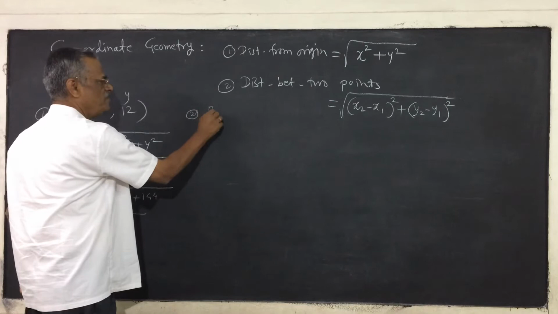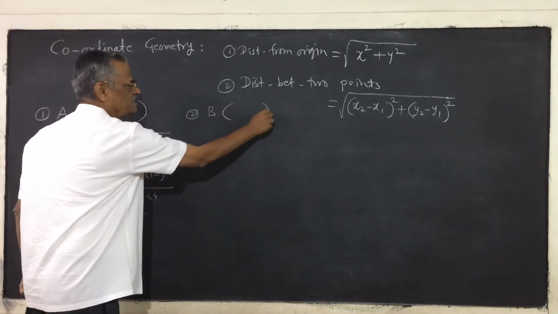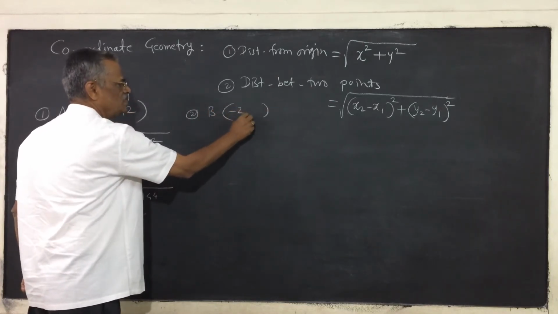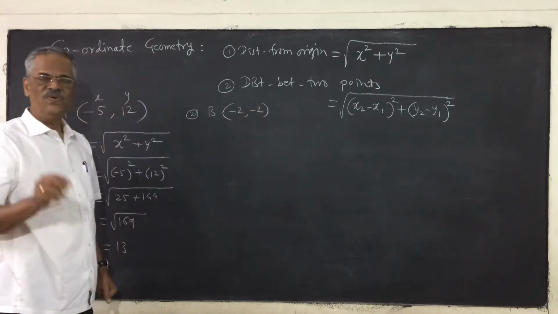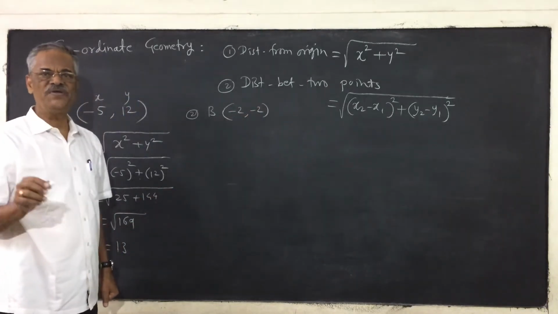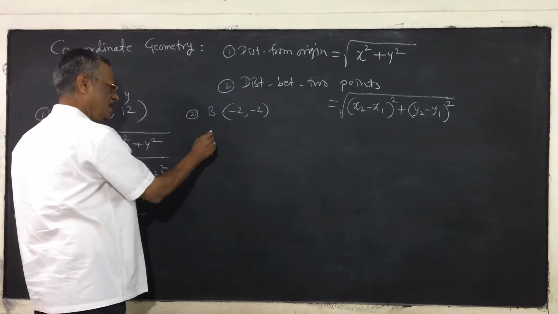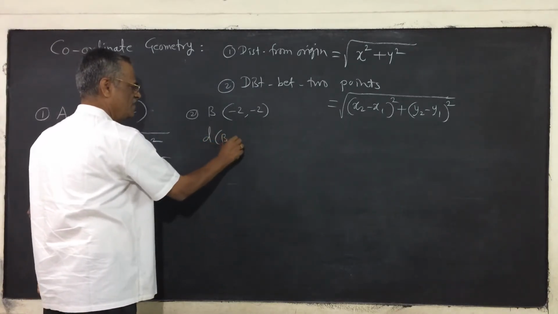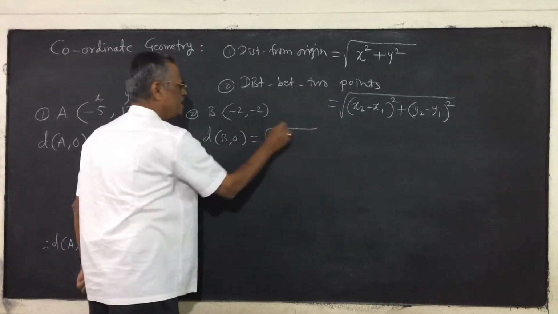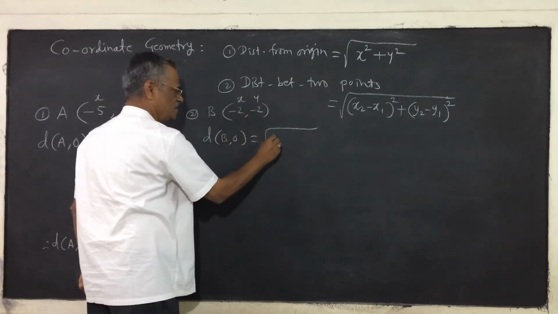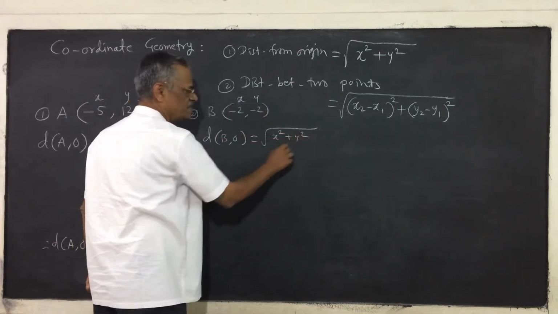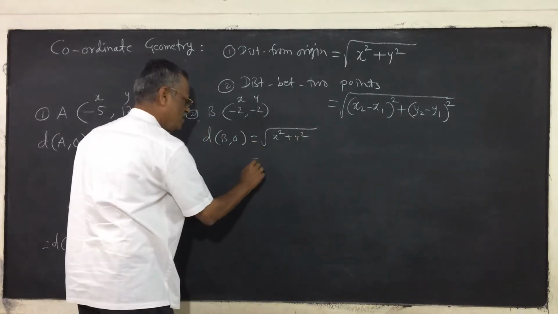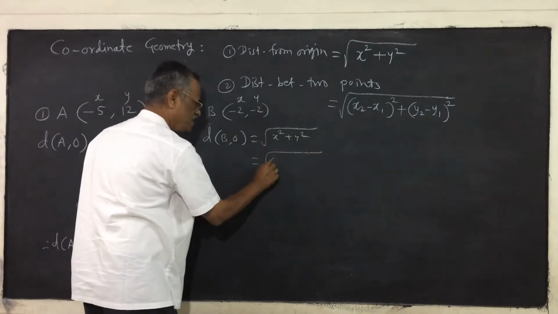If another point B is there and coordinates are given minus 2, minus 2. What is the distance of this point from origin? Let us calculate distance of B from origin. It is x and y. So x square plus y square under root, what is the value?